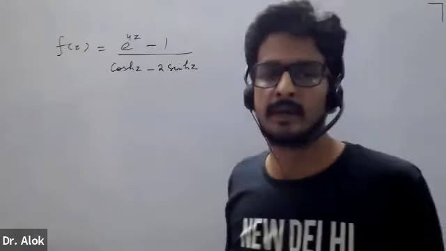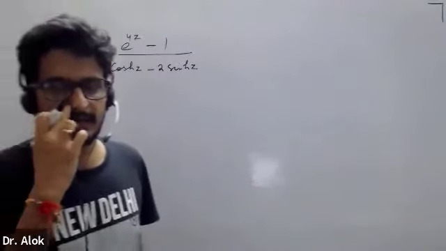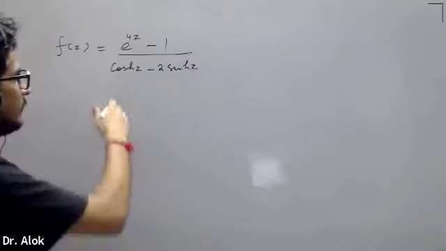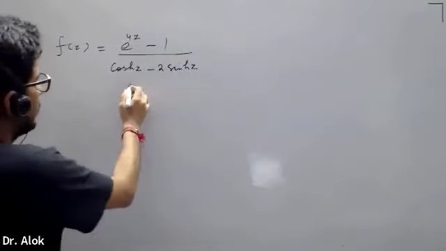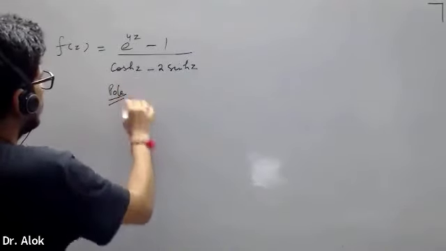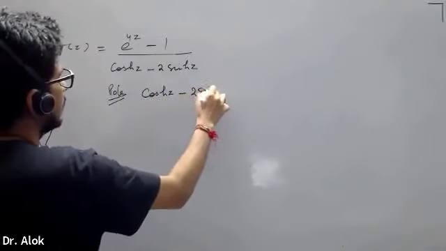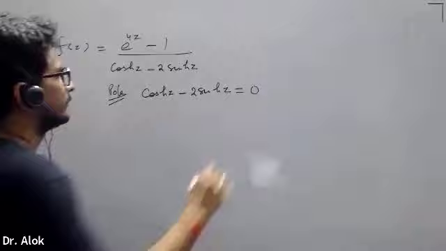We have to find the residue at a pole. Poles may be many, but let me write this. How to calculate the singularities or poles here? Cos hyperbolic z minus 2 sine hyperbolic z is equal to 0, where the value of the denominator will be 0. There we will get the pole.